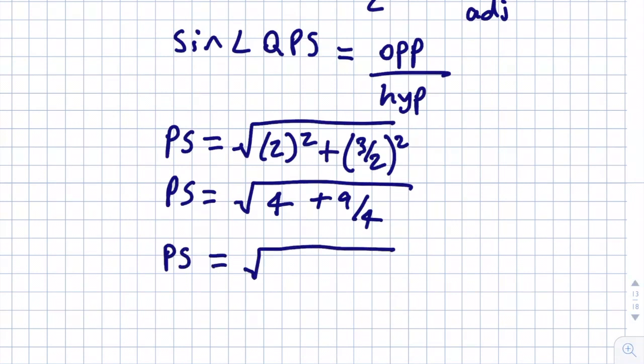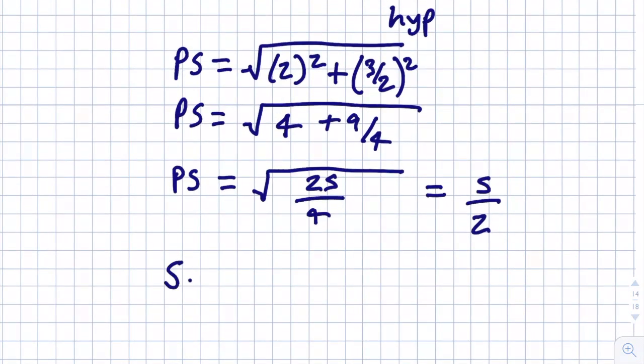If we simplify this, 4 can be rewritten as 16 over 4, and 16 over 4 plus 9 over 4 is 25 over 4. We can square root both the numerator and the denominator of this fraction. The square root of 25 is 5, and the square root of 4 is 2. So now we've got our opposite side and our hypotenuse.